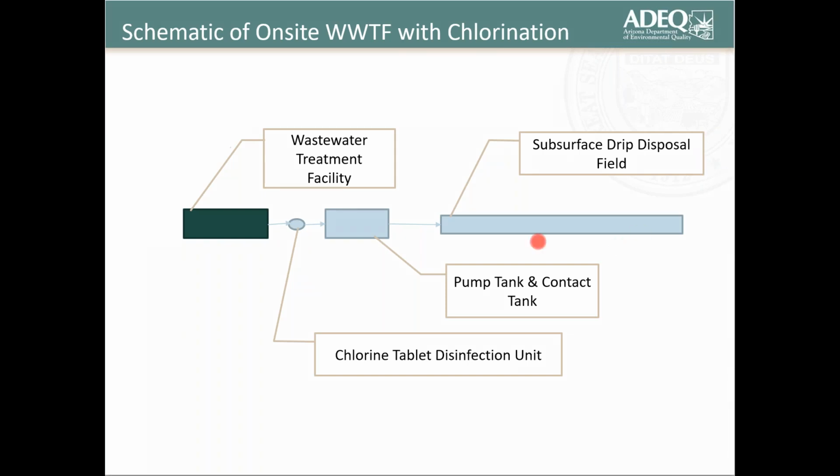So we have first the wastewater treatment facility itself, and then effluent, and it's actually still labeled as wastewater, even though it's much better quality than it was at the inlet side of the treatment plant. Then we have your typical tablet disinfection unit at this point. Sometimes, with one particular manufacturer, they actually incorporate the chlorine disinfection device in the treatment plant itself.